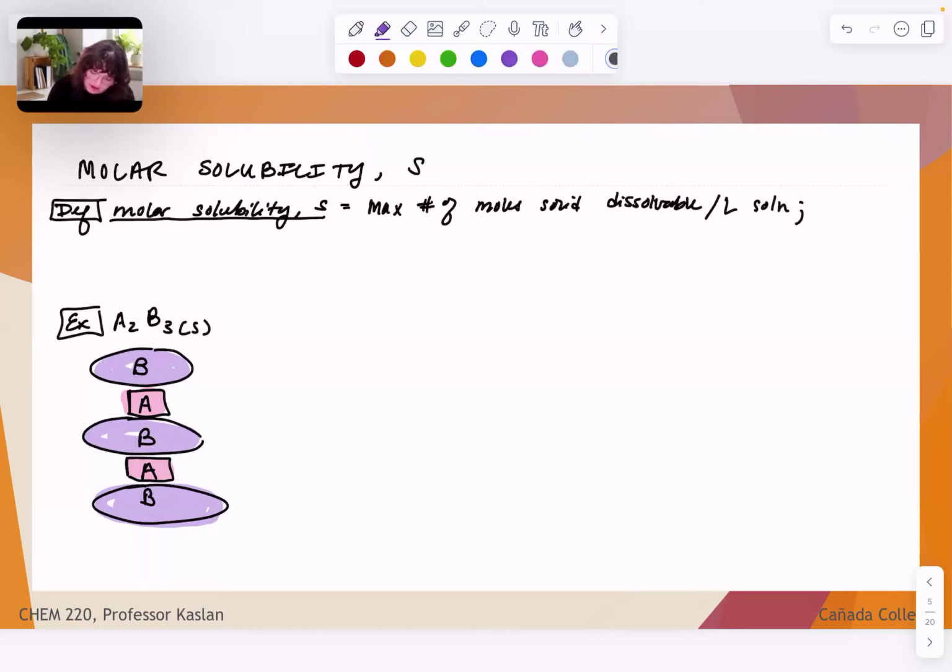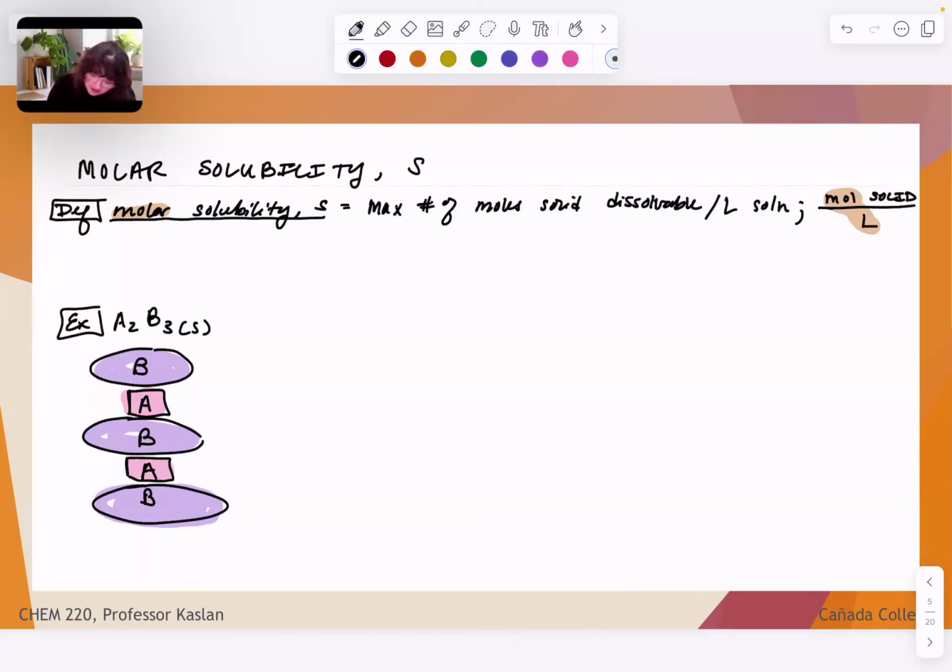This is why we call it the molar solubility, because it has units of moles of solid that could be dissolved per liter. So it looks like a molarity, but we're talking about the solid that could be dissolved up to its particular saturation point. Saturation occurs when we hit our solubility.